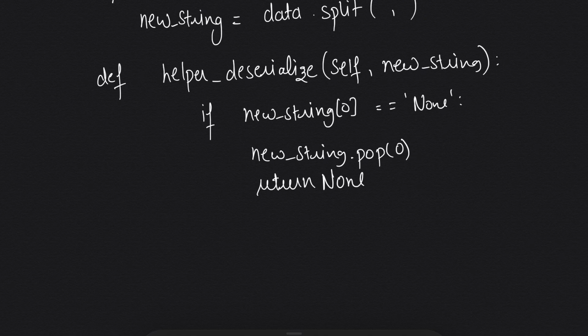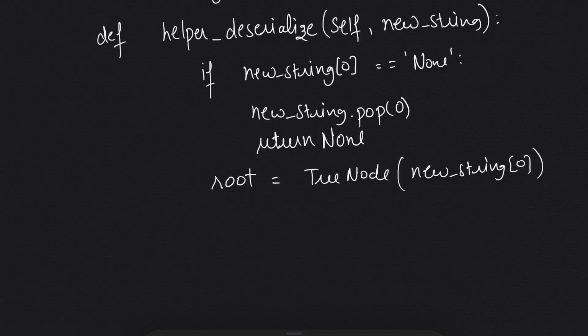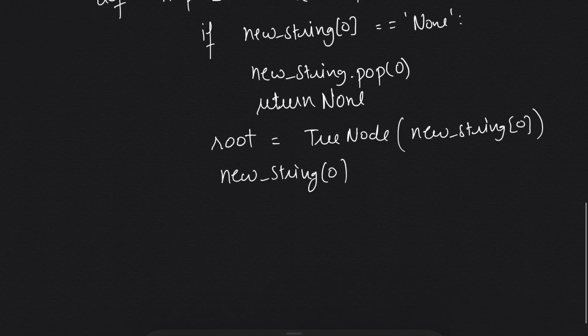If this is not the case, then our root will be a tree node, and this is given in the question, with new string at index 0, and then we're going to pop it. Again, we'll perform it on the left side and the right side.